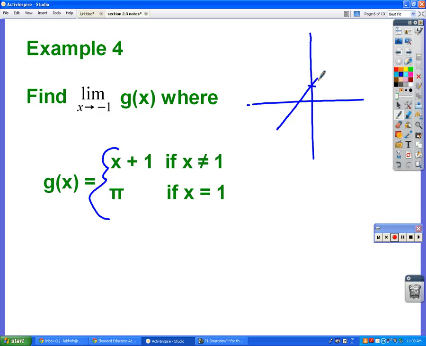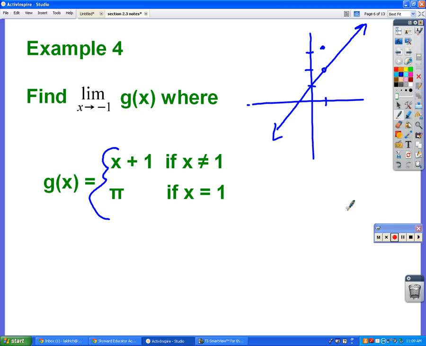So it would be a straight line. A line with the y-intercept of 1 and a slope of 1. And then they decided, hey, everywhere except for at x equals 1, it's going to be a regular old function. But where x equals 1, we're going to, for some reason, make the value of the function be pi. Okay? Just because we just want to make you angry.